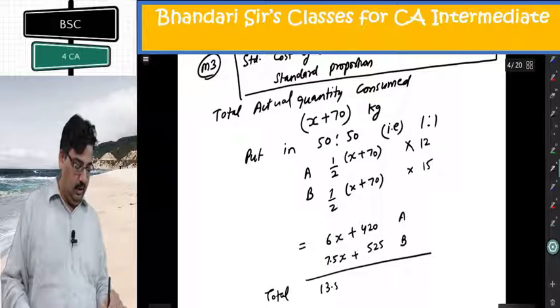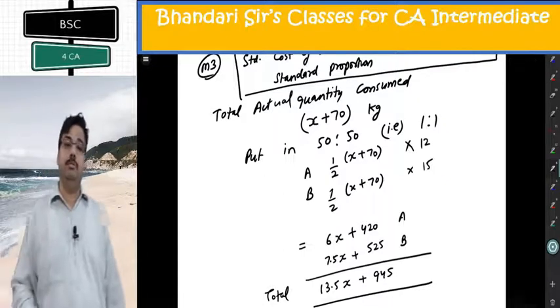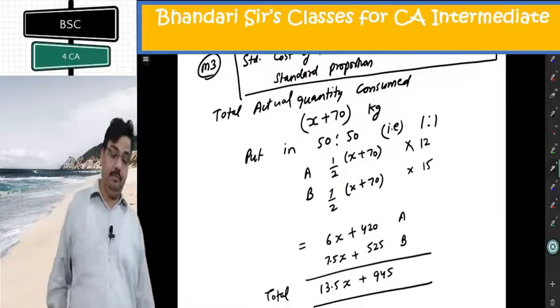Total 13.5x plus 945. This is M3. Nothing difficult, little bit of maths, you have to bear with that one.